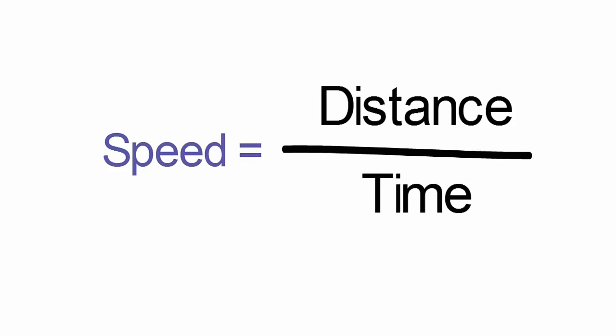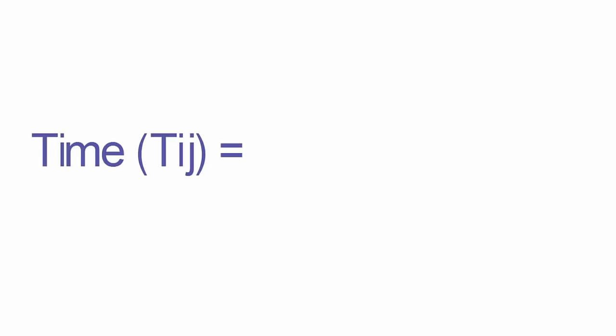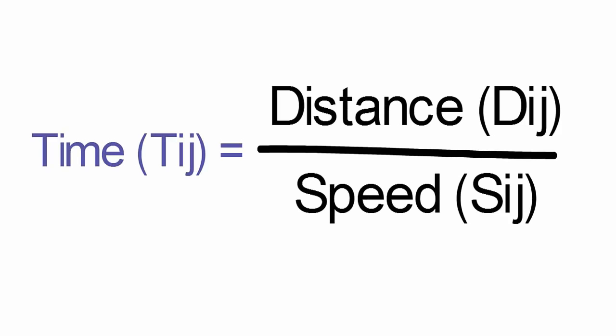So we'll have that speed is equal to distance divided by time, and we really want the fastest route, so we really need that the time T_ij, to go from node i to node j, will be equal to the distance d_ij divided by the speed s_ij.